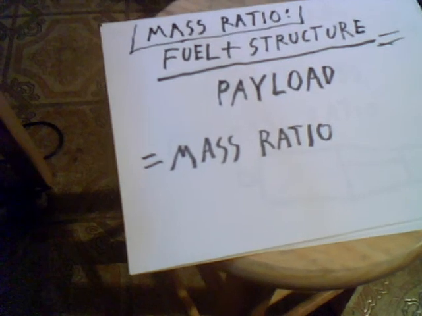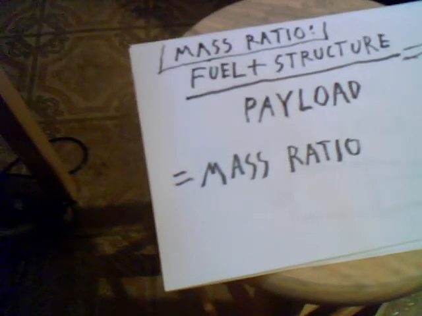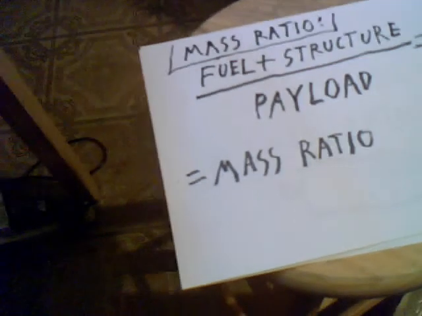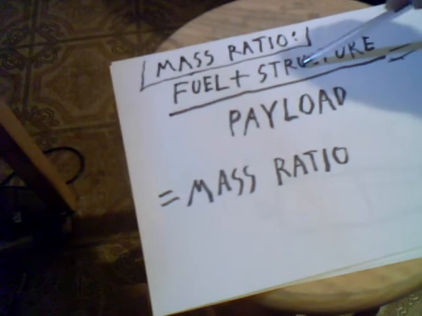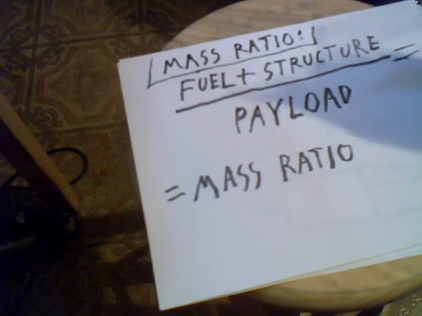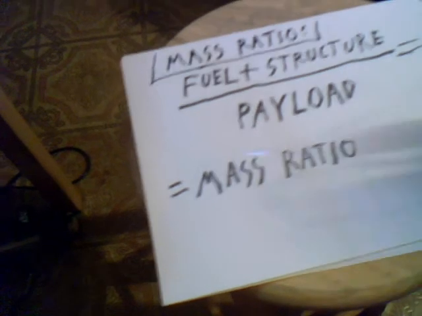You need structure. That is your body. The payload could be anything you're picking up off the table. That will require a mass ratio. Going into space is no different, overcoming gravity. In the early days, you want a lot of fuel, less structure, and less payload, the better. That is the mass ratio.